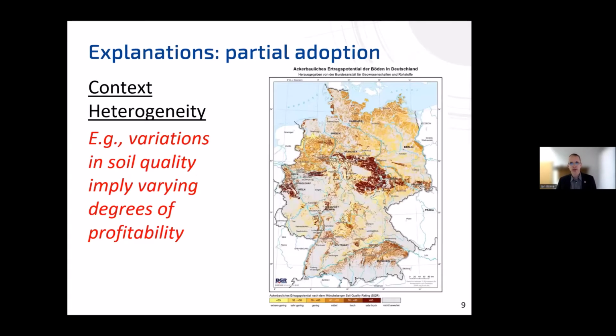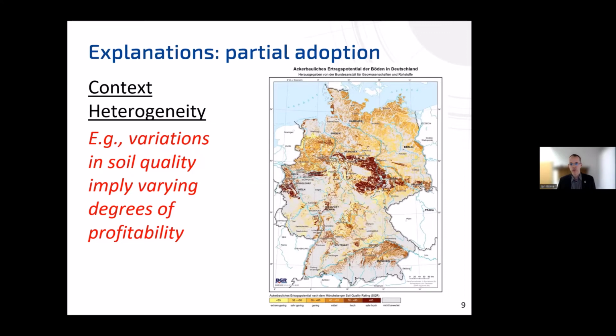One explanation for partial adoption is context heterogeneity. Think of the distribution of soil types in Germany. If you look at this map here on the right, you see that there are soils with very low yield potential and soils with a very high yield potential. In the center of Germany, you have soils that have a comparatively high yield potential.